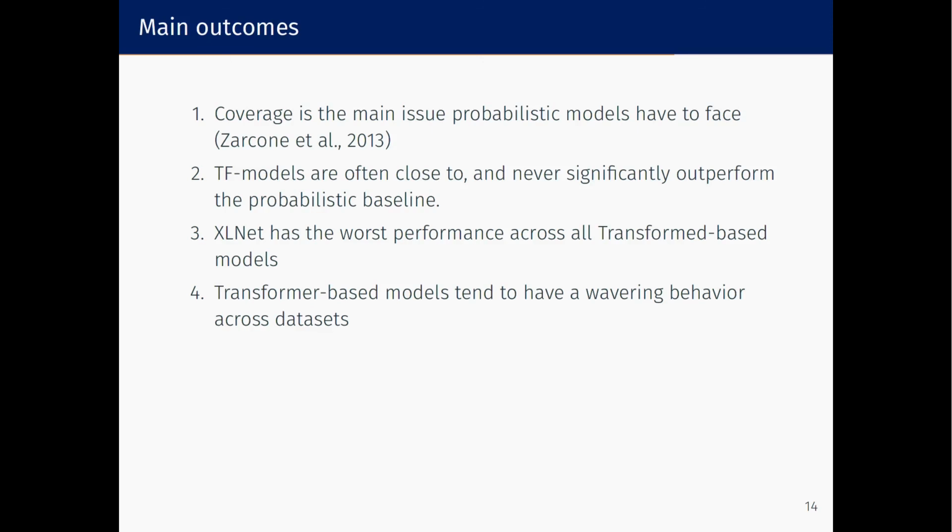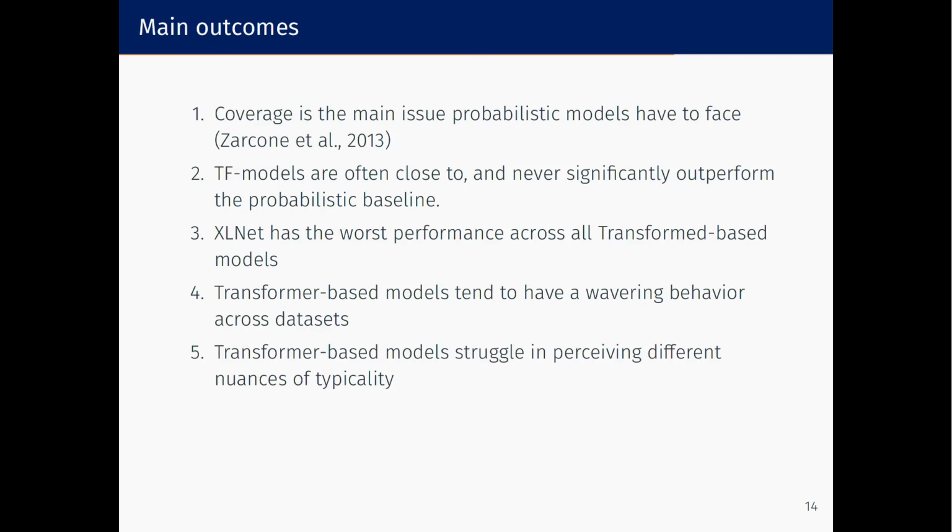For example, GPT-2 reaches the highest performance for the Macquarie dataset, but it obtains lower scores for the other datasets. As the error analysis also revealed, transformer models struggle in perceiving different nuances of typicality. So they have a hard time identifying the correct verb when the typicality difference is more subtle.